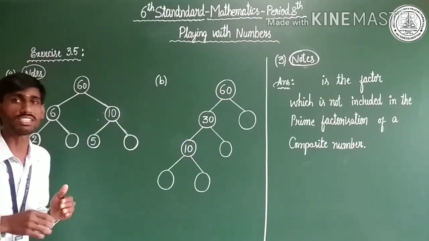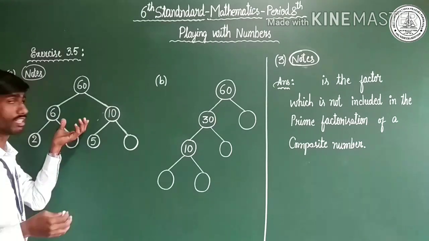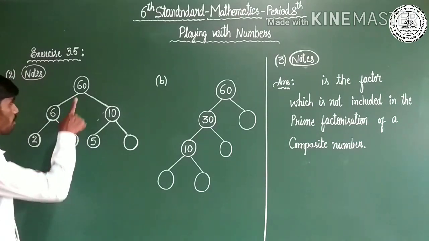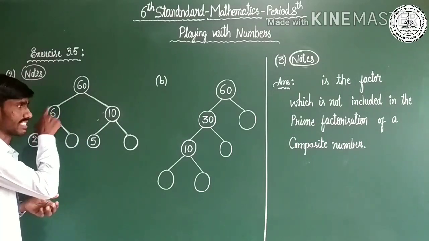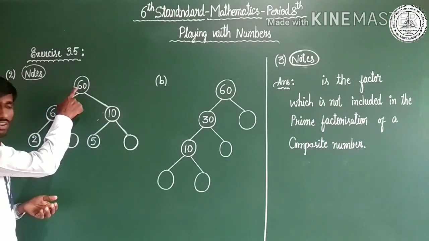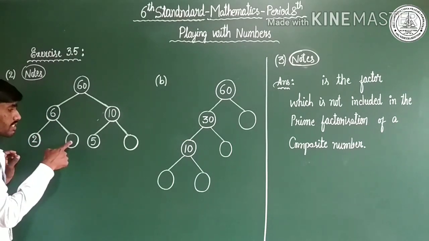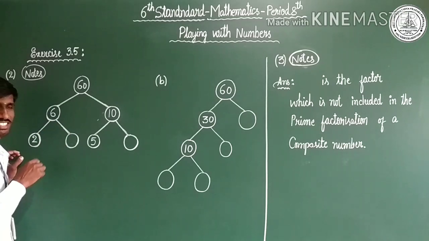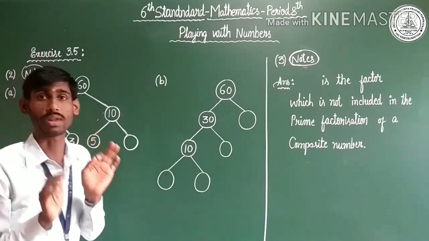The first question, first sub-question, 60. We need to represent it in the form of prime numbers, I mean we need to factorize. Observe here, 60 can be written as 6 into 10. 6 can be written as 2 times 3, and 2 and 3 are both prime numbers.